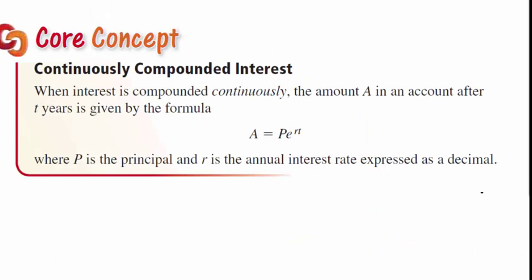So one of the huge equations we like, which is amazingly simpler than the last equation that we got, is continuously compounded interest. A equals P e to the RT. The only things that we need to plug in are the principal, and the rate doesn't get added to 1.